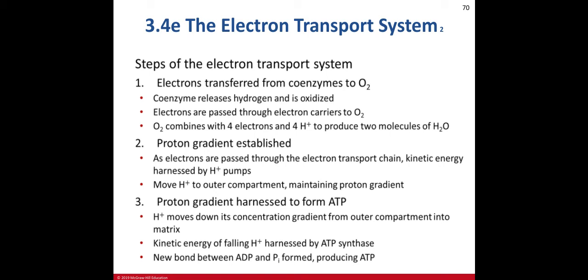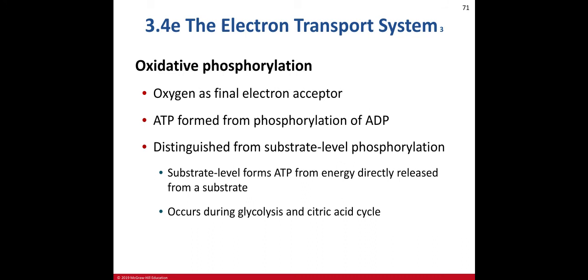As it is falling, that energy is going to power ATP synthase, and that ATP synthase is what makes the bond between ADP and the phosphorus to make ATP. We call this oxidative phosphorylation. Oxygen is the final electron acceptor.